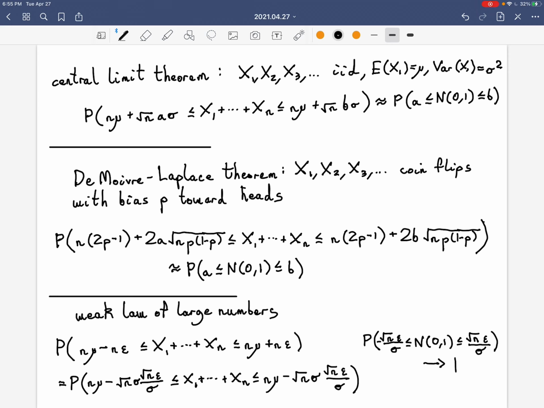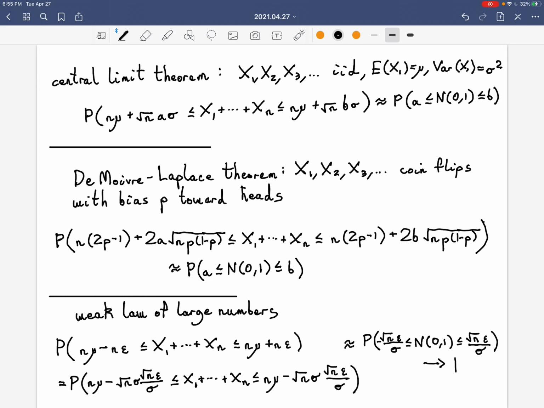And the idea in terms of deducing the weak law of large numbers from the central limit theorem is that a violation of the weak law of large numbers has to scale linearly with the number of trials, or else it's going to get crushed when you take the sample average.